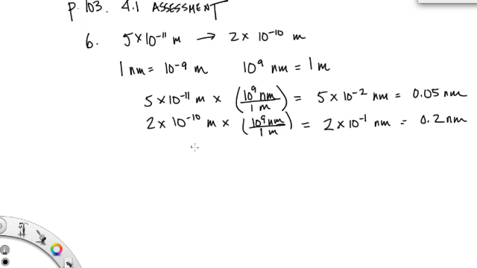And when we look back here in scientific notation at their sizes in meters, we look at their exponents. Notice that the more negative the exponent, the smaller the number. The less negative the exponent, because minus 10 is a little bigger than minus 11, the bigger the number. So our range is 0.05 nanometers up to 0.2 nanometers.